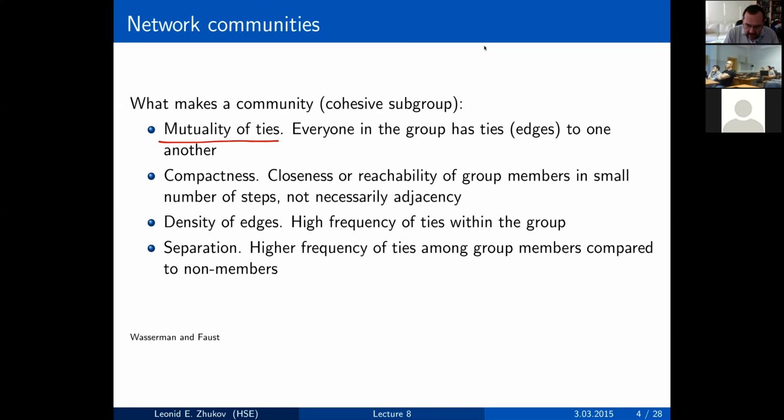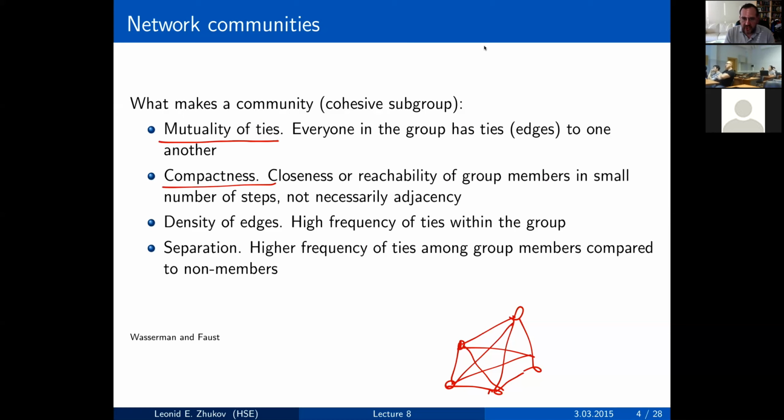So if we're thinking about the community, we might want to have connections from every node to every node, right? Something like that. We want to have compactness. Compactness is, in a sense, closeness or reachability of group members in a small number of steps.